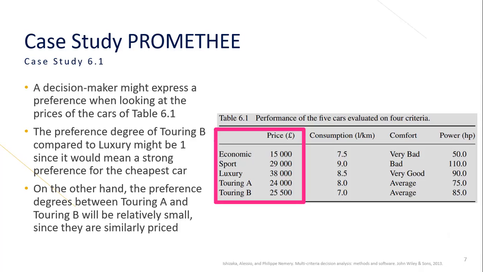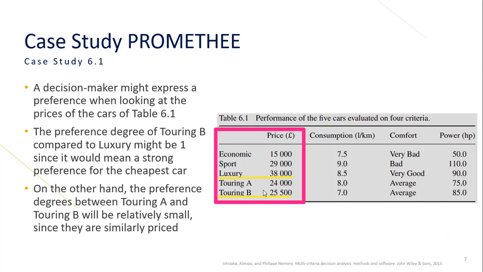Okay. Now, let's try one example. Touring B, the price is 25,500. You want to compare it with the luxury, which is 38,000. The price difference is quite a lot, 12,500.